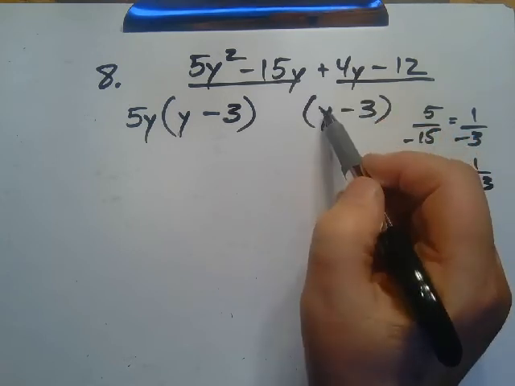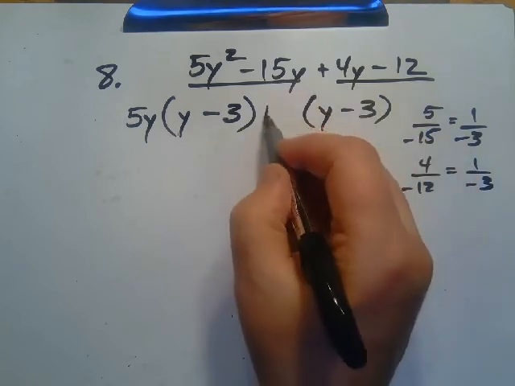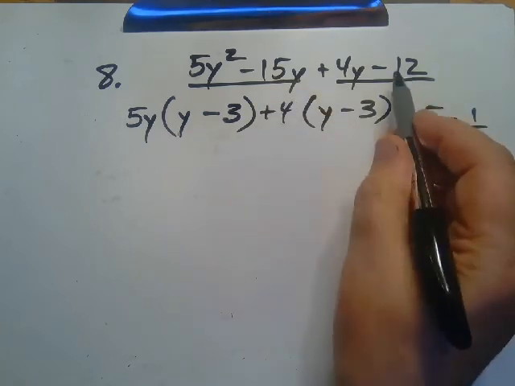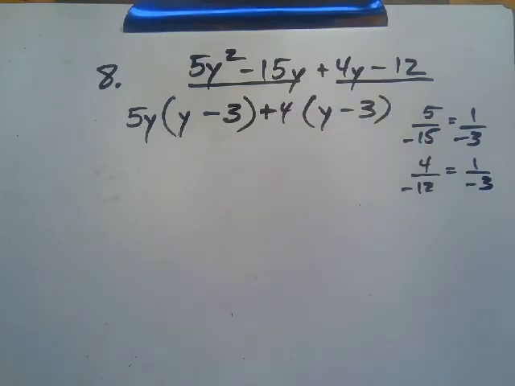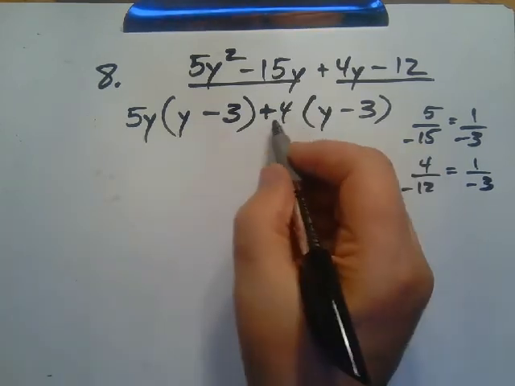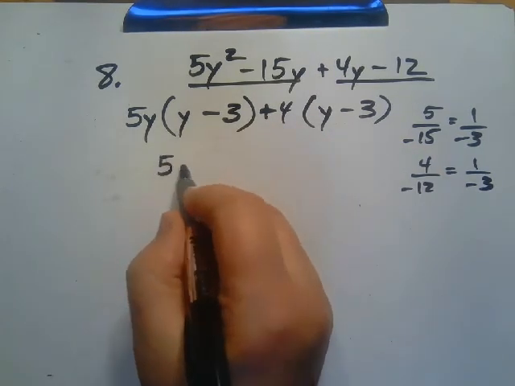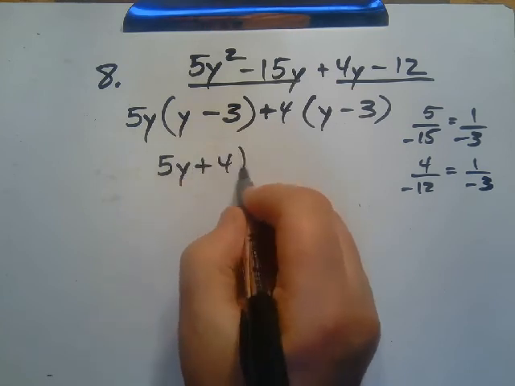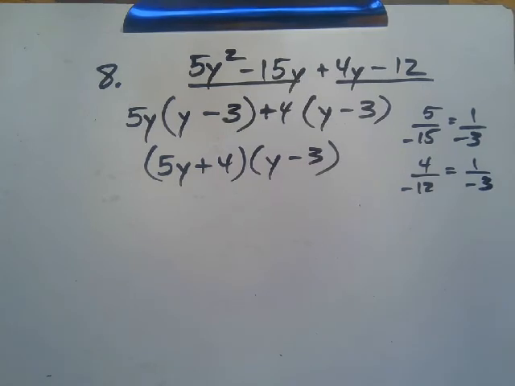Well, it looks like I had to divide by 4. 4 divided by 4 is 1. Negative 12 divided by 4 is a negative 3. And you'll notice you've got to have that plus sign there. Don't forget to put that in there. The sign of the number needs to appear right here. So we marry these together. I get 5y plus 4 and y minus 3.